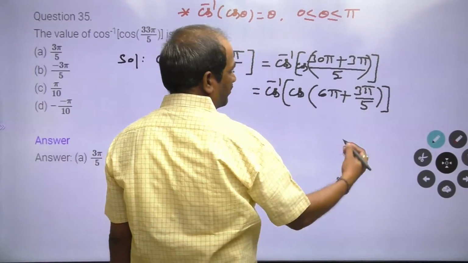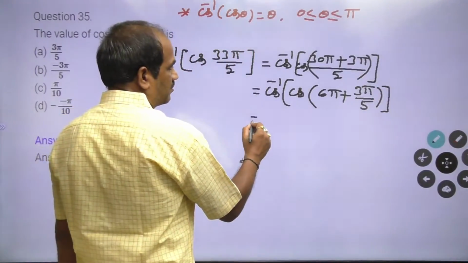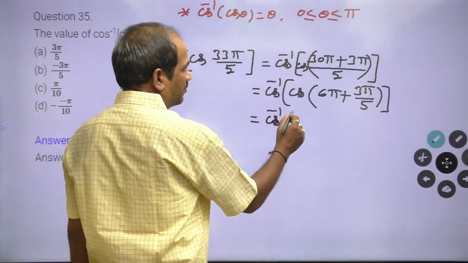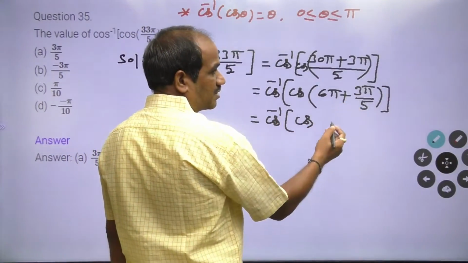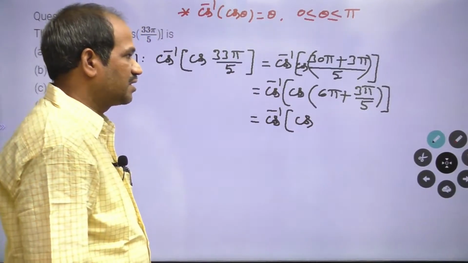Removing the 6 pi, the remaining value is 3 pi by 5. Using the fact that cos of 360 plus theta is cos theta.